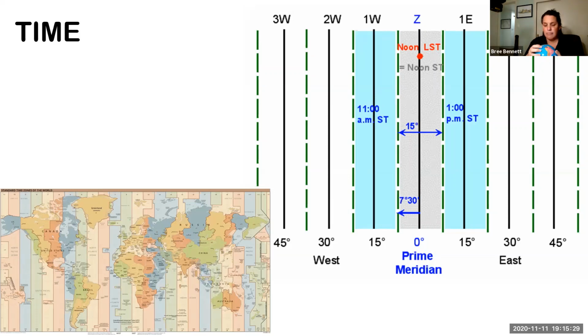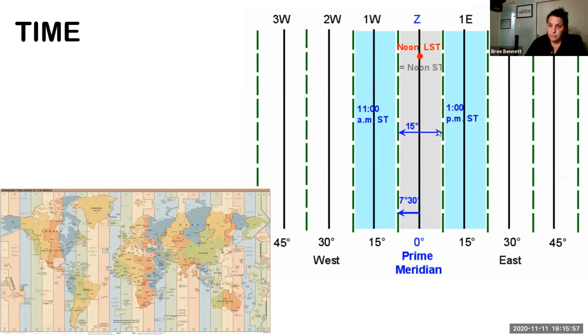At the prime meridian in England, we have 0. That's our base point, called the prime meridian, or Zulu, Greenwich, lots of different names for that. Going west, every 15 degrees changes a time zone, and going east, every 15 degrees changes a time zone.